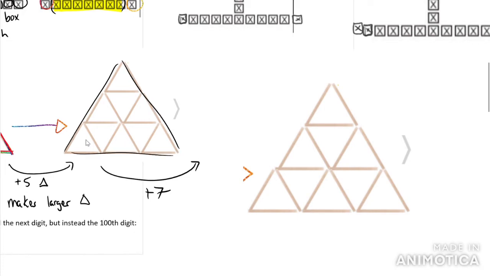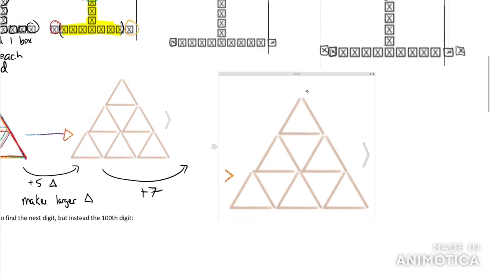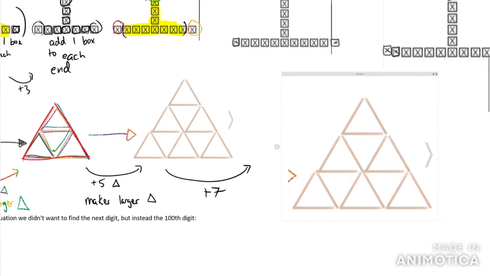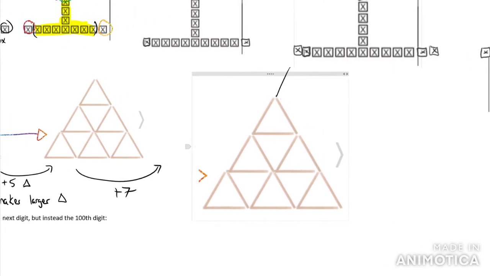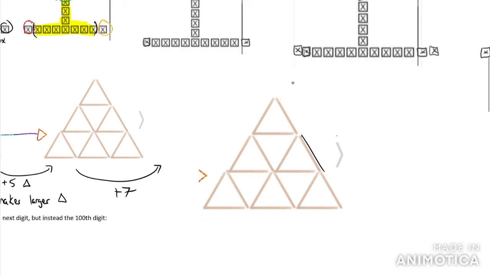So I'm looking for 1, 2, 3, 4, 5. Well, sorry, I've actually made this shape, but I need to make it bigger. And what I notice is that it gets 1 taller each time. So I need to go 1, then I go 2, 3, 4, 5, 6, 7.